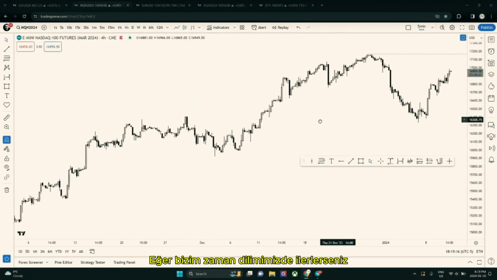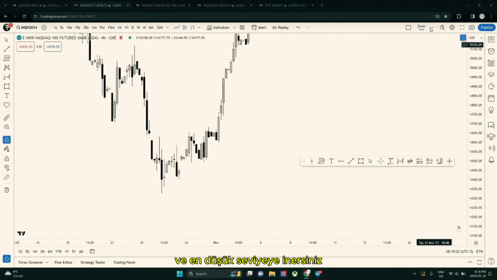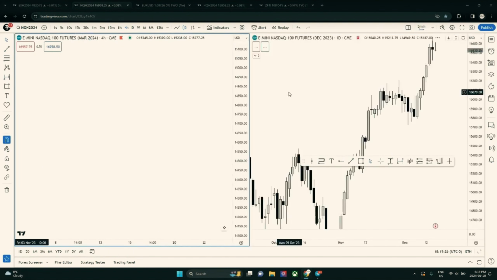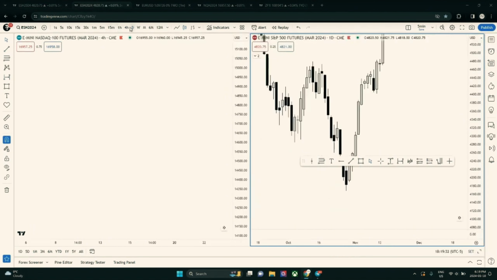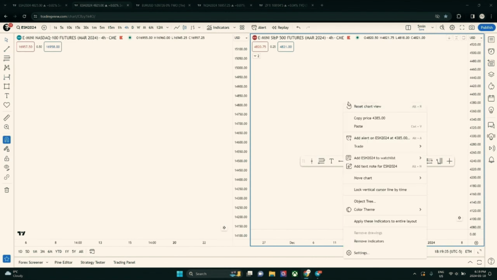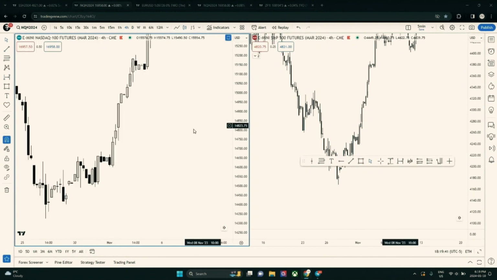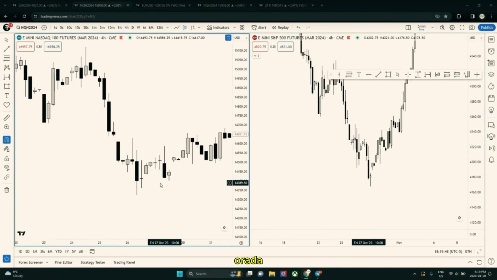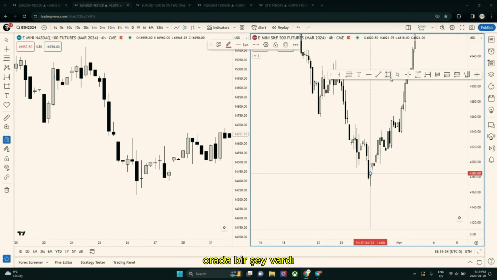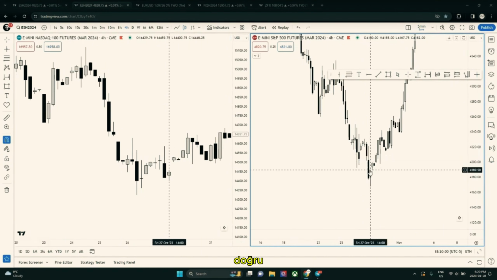If you go on the 4-hour time frame and you go to the extreme low, you'll see that there was SMT divergence. Where's, right here, right?